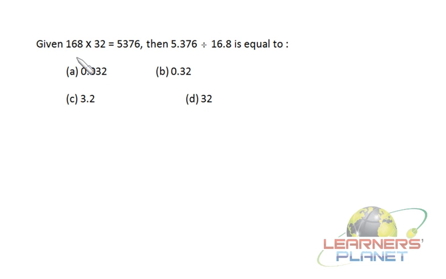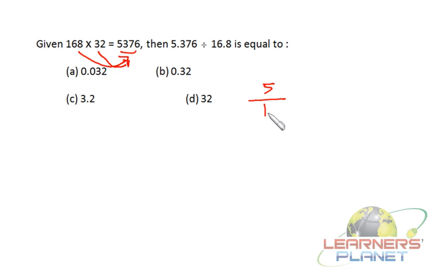Now this question, 168 into 32 is 5376, and 5.376 divided by 16.8 is equal to. Now in this expression, I have to find out the value. Okay, now definitely the digits of the answer will be 3 and 2 only. We just have to see the arrangement of decimal.